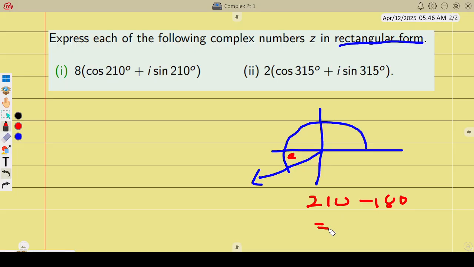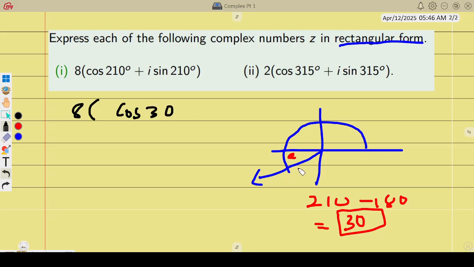What are you getting when you do your calculation? It's going to be 30 degrees. So where there's 210, it is actually 30. Then you just have to consider the sign. So this will now be 8, and cos 210 can be written as cos 30.